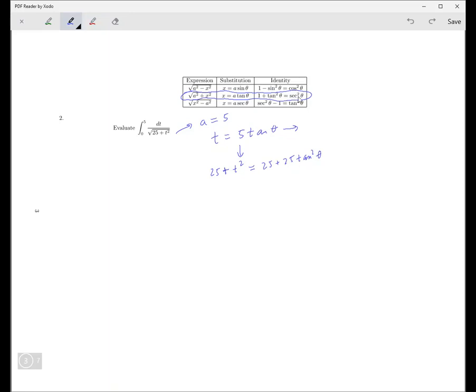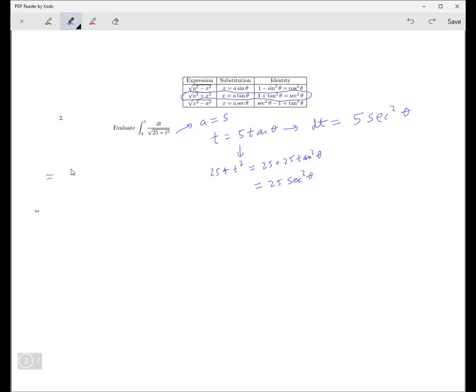So 1 plus tangent squared is secant squared theta. So this is going to be 25 secant squared theta. And then dt. So you look at this part right here, and then also you calculate dt. The derivative of tangent is secant squared, so that's 5 secant squared theta.